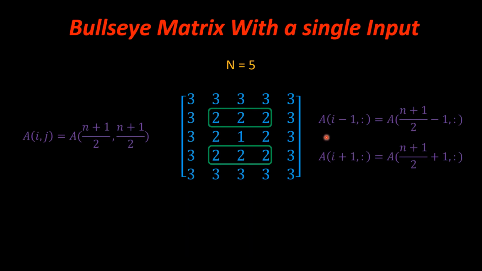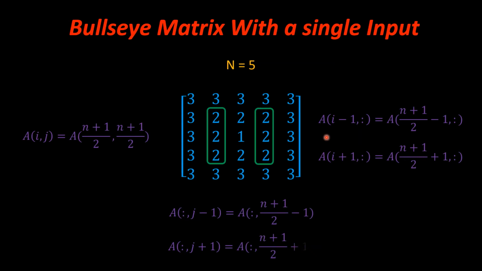I'll show you in the coding how. And then after that I am going for the columns. So basically I'm using these four equations to update the just outer boundary after one, and then similar equations will be used to update the outermost boundary by using I minus 2 instead of I minus 1. So let me show you how you can code this.